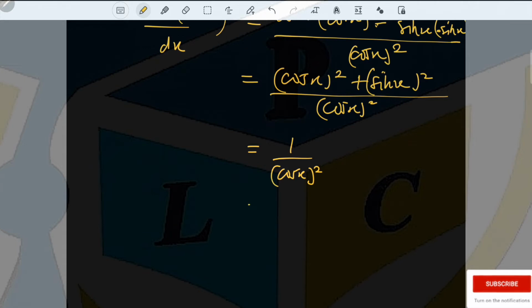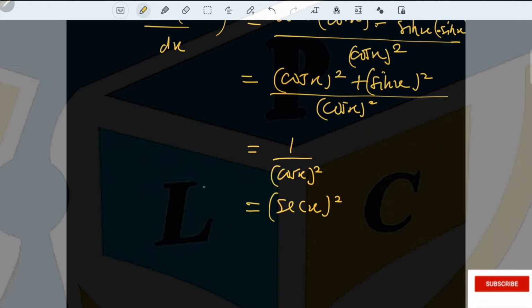Here, if you could remember, when we were discussing the concept of the inverses of the trigonometric ratios, we said the inverse of cos is secant, right? So therefore 1 over cos x is sec x, or secant x squared.